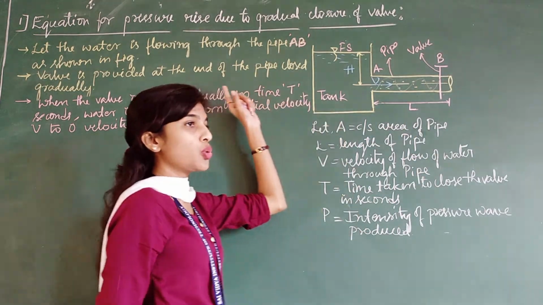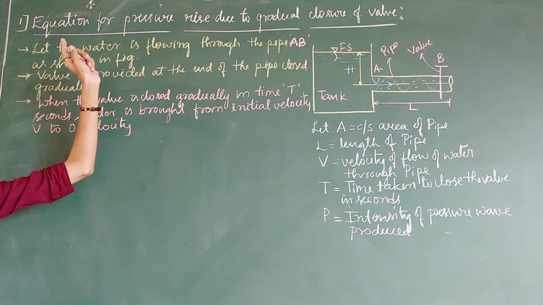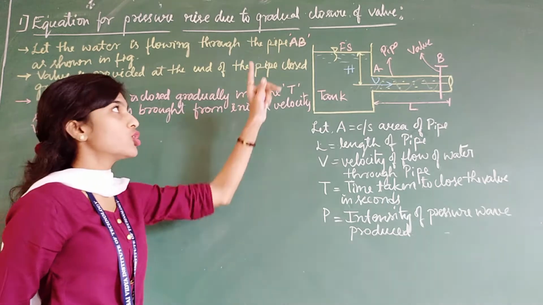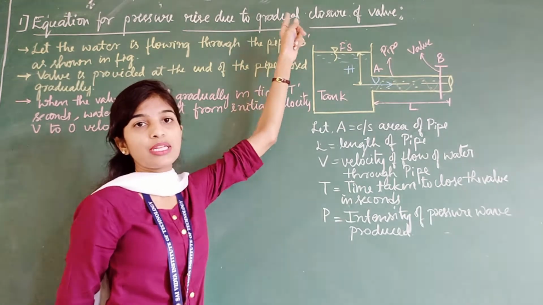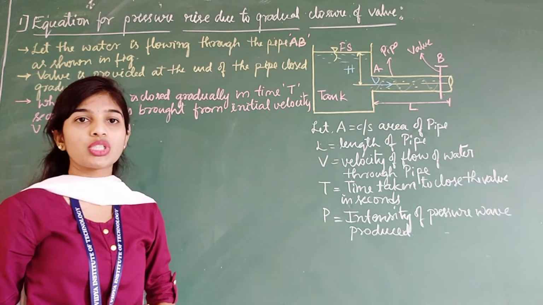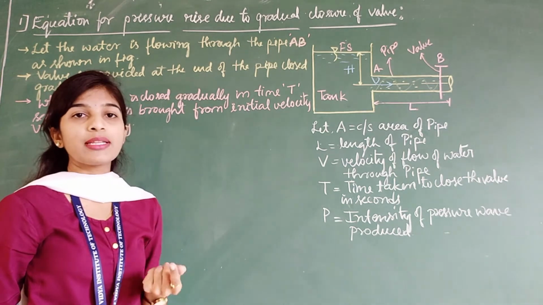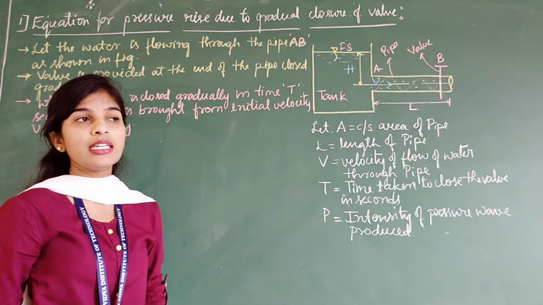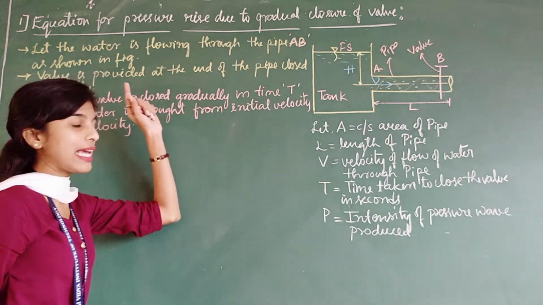We have three cases in the water hammer effect: one is when the valve is closed gradually, the second is sudden closure of the valve when the pipe is rigid, and the third is sudden closure of the valve when the pipe is elastic.